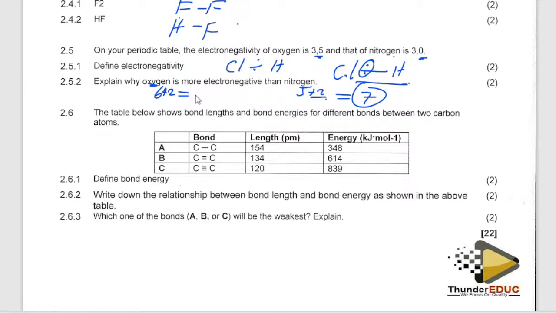And oxygen is going to have how many protons? 8. Because protons are positive, they pull the electrons. Therefore, oxygen has 8 protons, which pull the electrons more than nitrogen, which has 7 protons. Hence, the electronegativity of oxygen is more than the electronegativity of nitrogen.